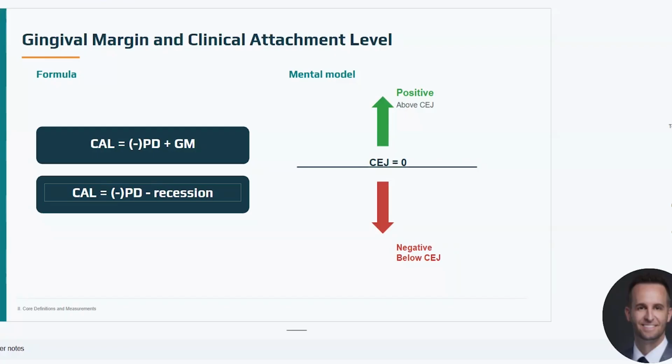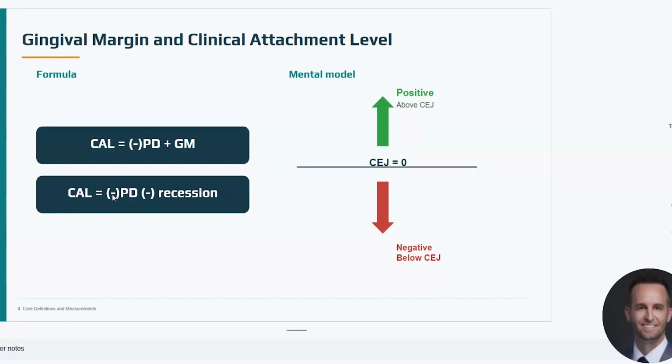In a case of recession, we need to take our probing depth of, say, 2 millimeters and a recession of, say, 2 millimeters. So we can see 2 millimeters of root surface, and then from there we get a 2 millimeter probing depth.